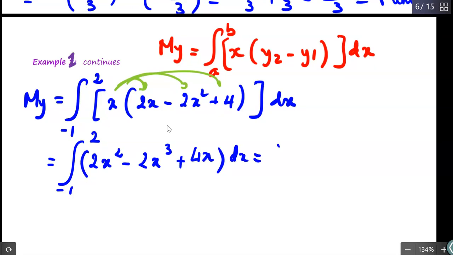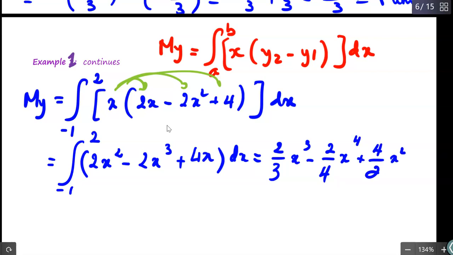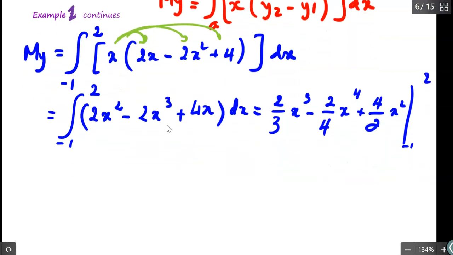So this will be equal to 2/3 of x to the exponent 3 minus 2 over 4 x to the exponent 4 plus 4 over 2 x squared. Okay, I'll simplify in a minute. Just want to make sure that we do it step by step.